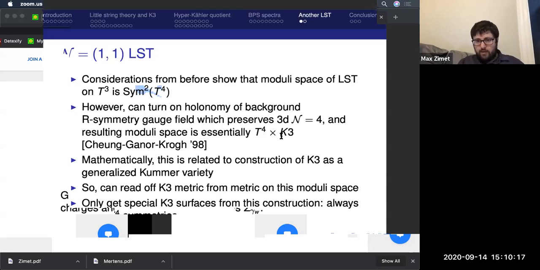So okay, this is not really exact. What's really the correct statement is you get the Hilbert scheme of 2 points on T4, which is an isotrivial T4 K3 fibration over T4.